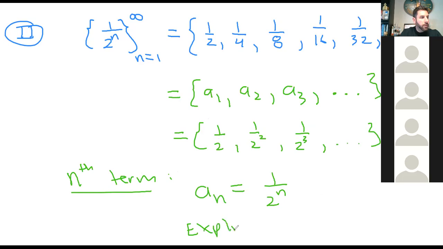And this is explicit. Does anybody have a question about this? So these are two examples of explicit sequences.